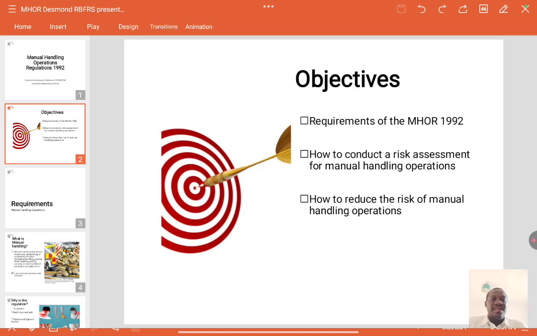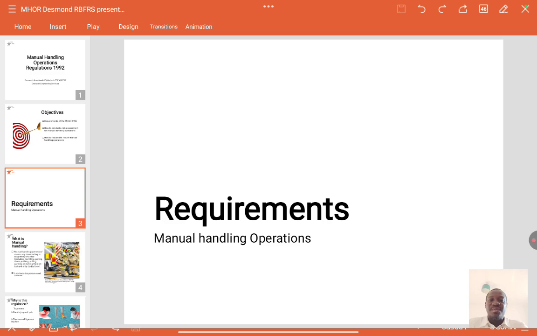When you are given a job or a task to undertake, how do you know that this job falls under the Manual Handling Operations Regulations 1992? The last but not the least aspect, we also will be looking at how to reduce the risks of manual handling operations. So let's go on to the first part, which is the requirement for the manual handling operations.